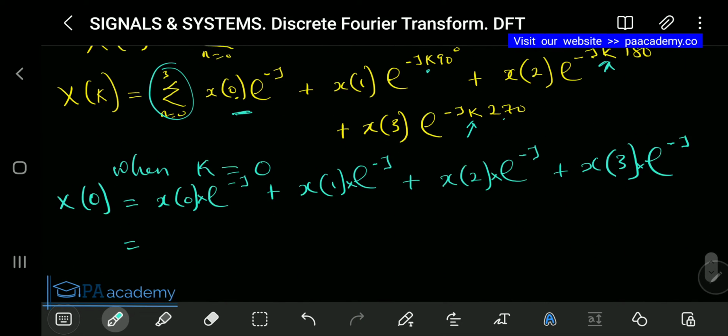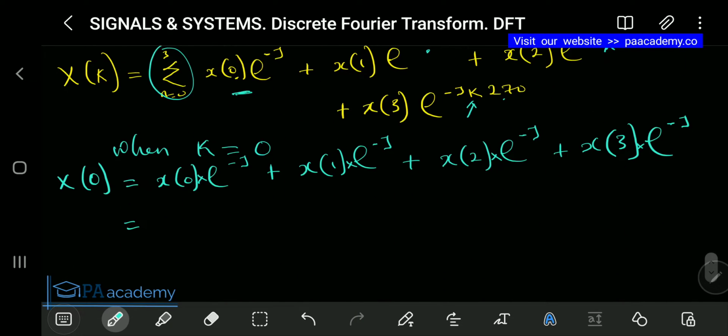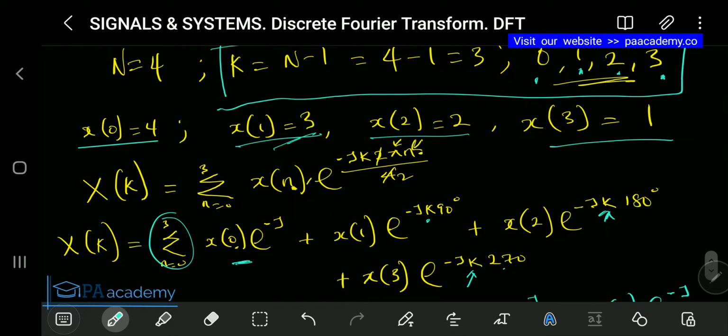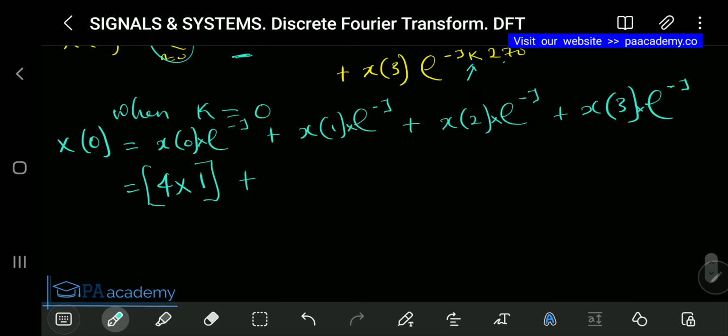So those values, we are going to be substituting them. All right, so our x of 0 is 4, so that will be 4 times exponential minus j, which is 1, exactly, so that's 1, plus, now x of 1 is 3, right? Yes, x of 1 is 3.